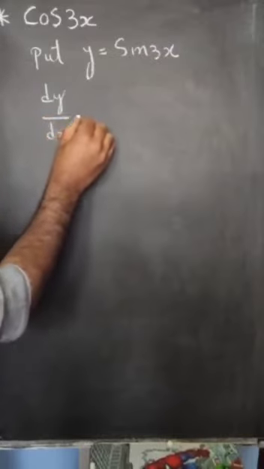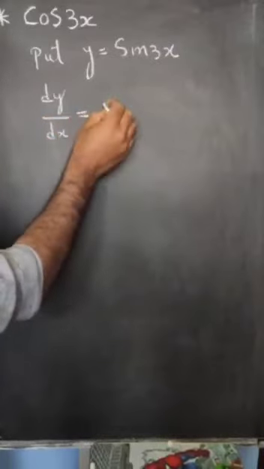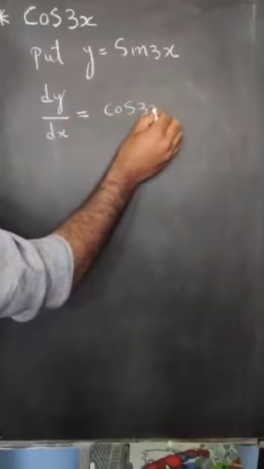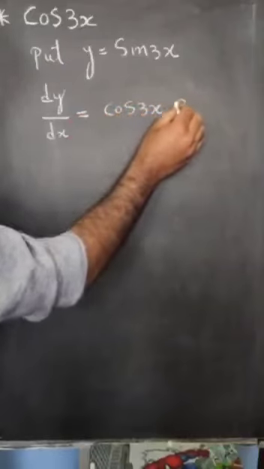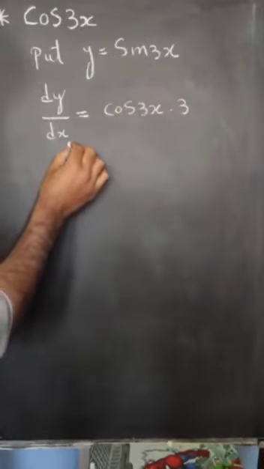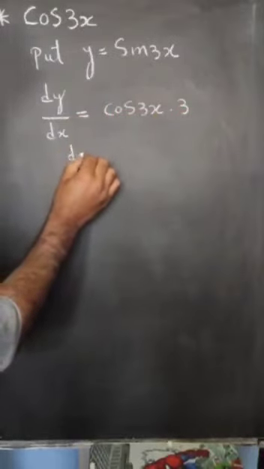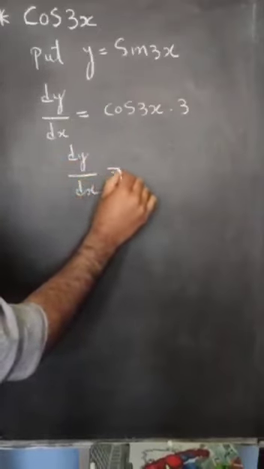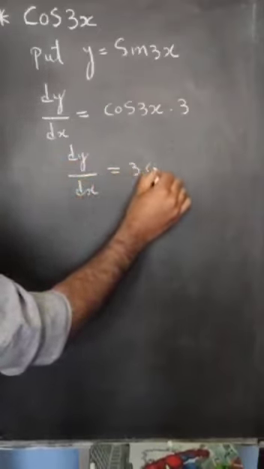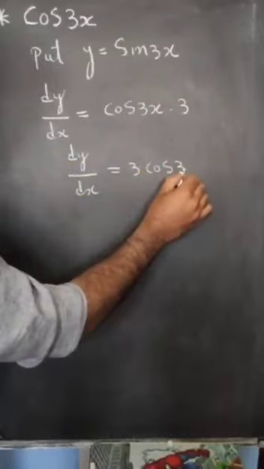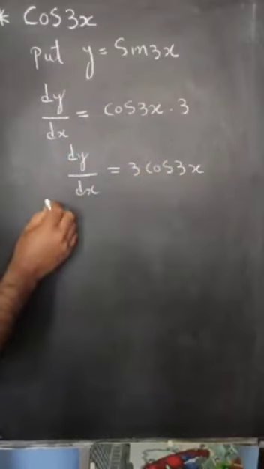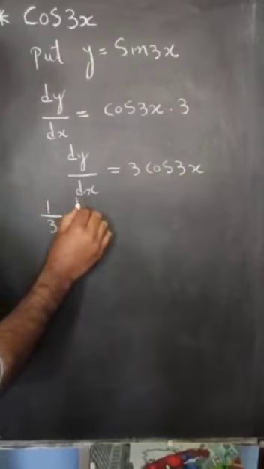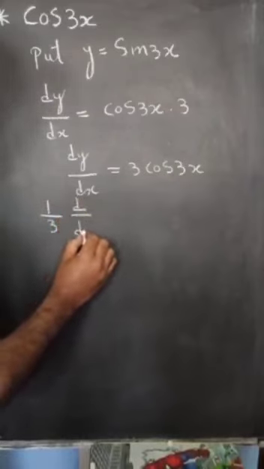We get dy by dx is equal to cos 3x into 3, or dy by dx is equal to 3 times cos of 3x, or we can write 1 by 3 times d by dx.